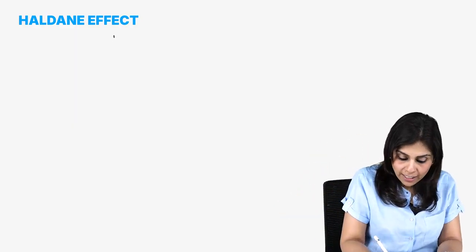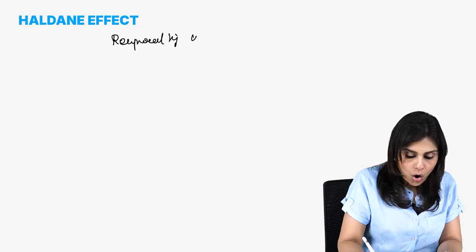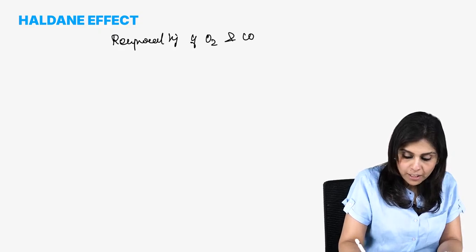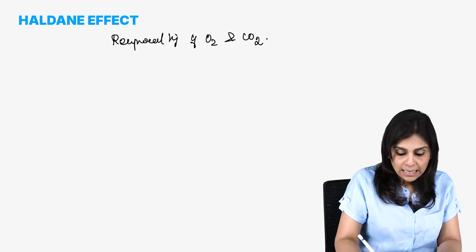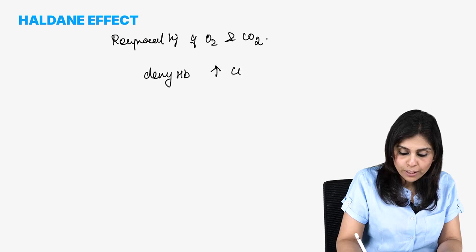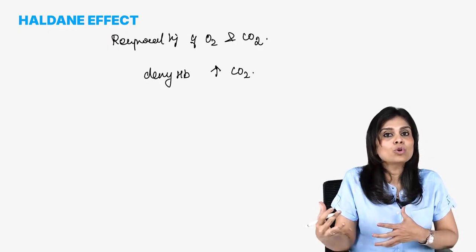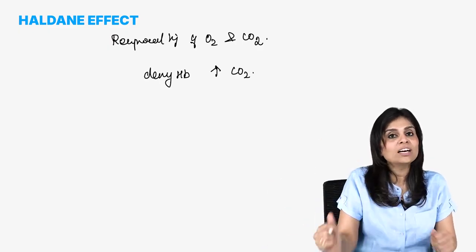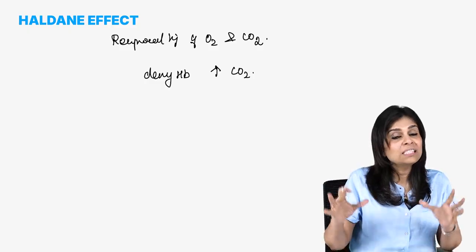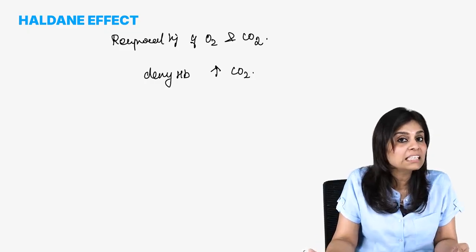So what is Haldane effect? It is reciprocal binding of oxygen and carbon dioxide. That is, deoxyhemoglobin will have higher affinity for carbon dioxide. Do you understand this? Deoxyhemoglobin will have higher affinity for carbon dioxide. The same is stated in Ganong in a complicated way.